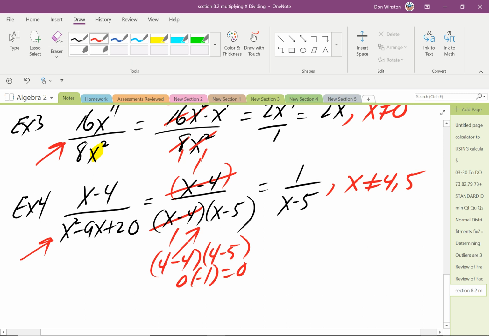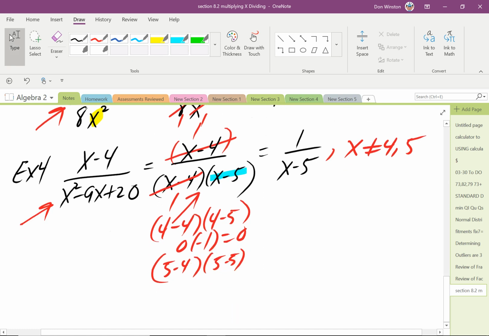And if I substitute in 5, you can do the math, but I'd get 0 again. 5 minus 4 would be 1, but then 5 minus 5 would be 0. So I'd have 1 times 0 equals 0. So x cannot equal 4 or 5.